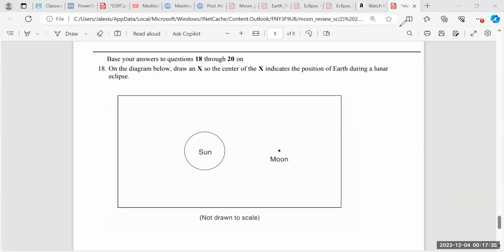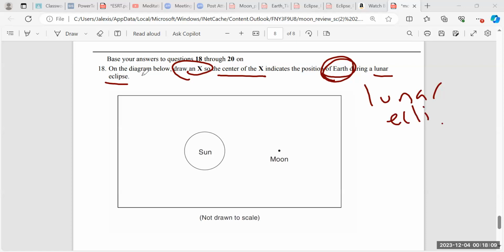All right, number 18, it says on the diagram below, draw an X so the center of the X indicates the position of the Earth during a lunar eclipse. Well, remember, in a lunar eclipse, we're talking about SEM.